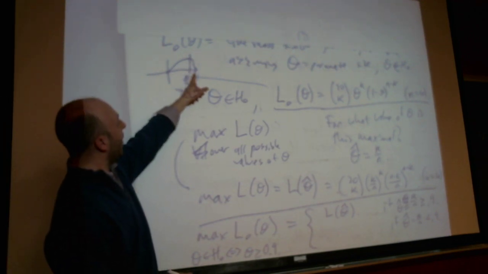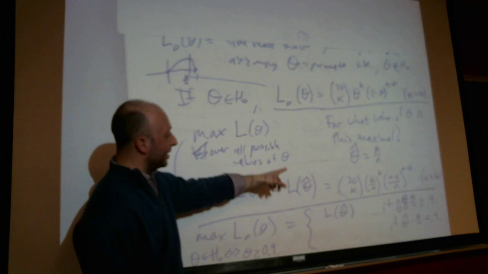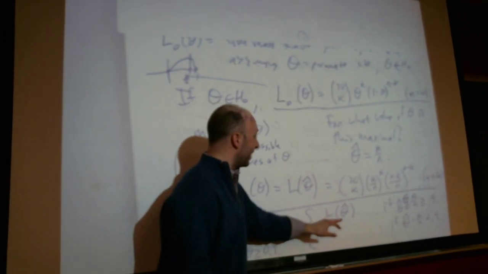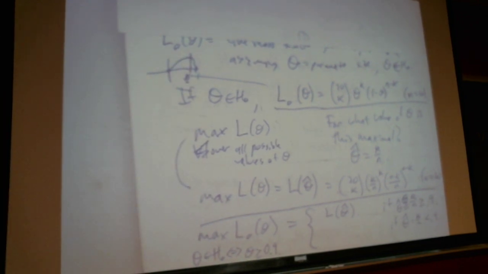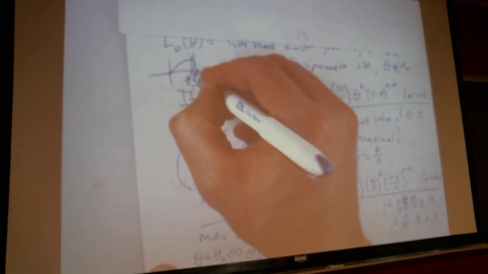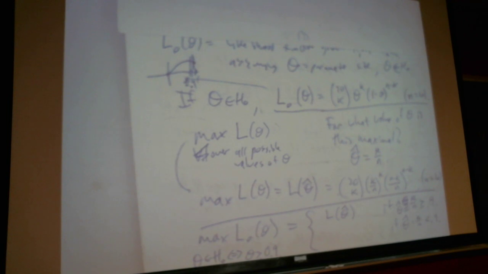If it so happens that k over n is bigger than 0.9, then that optimal value is the optimal value here anyway. Then these two agree. But if that optimal value is below 0.9, and I'm restricting the maximum to just the region where theta is bigger than 0.9, then where is the largest likelihood? At 0.9. So this is the likelihood at 0.9.